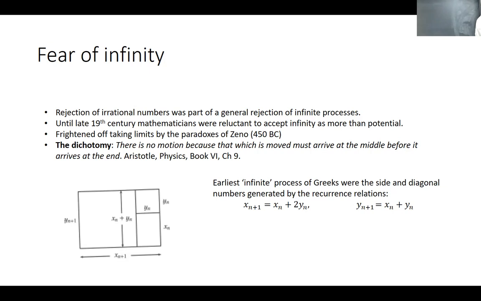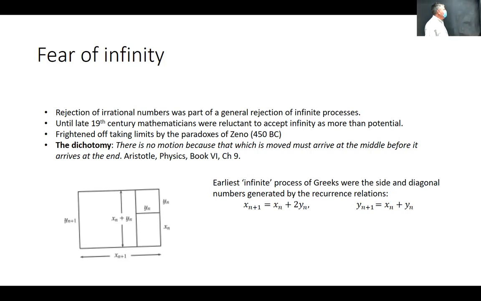We do the Euclidean algorithm: we subtract 1, which gets rid of this square here. Then we've got 1 and square root of 2 minus 1. Square root of 2 minus 1 is then subtracted away, so that's this square here, and we're left with a rectangle which is similar to this rectangle.